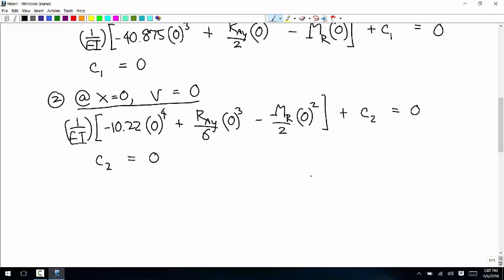And so now we can update the deflection function.